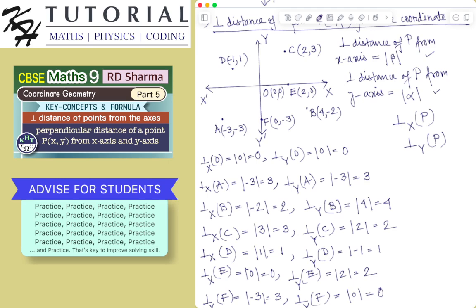Similarly for the ordinate, if the ordinate is positive, it just means that the point is lying above the x-axis, that is along the positive direction of the y-axis. And if the ordinate is negative, it means the point lies below the x-axis or along the negative direction of the y-axis. But distance between two points, or distance between a point and a line, or the length of any side of a figure formed by joining some points, those are always positive numbers.